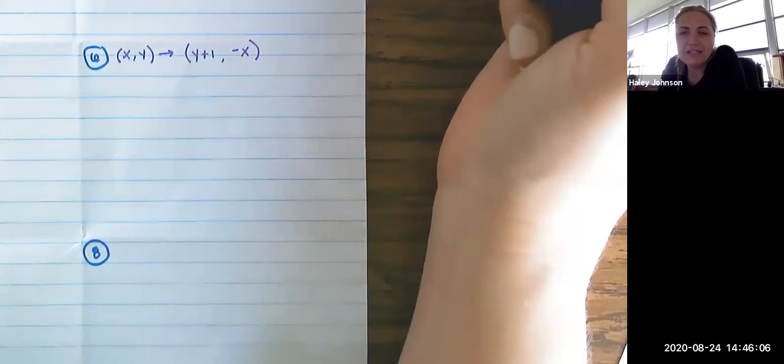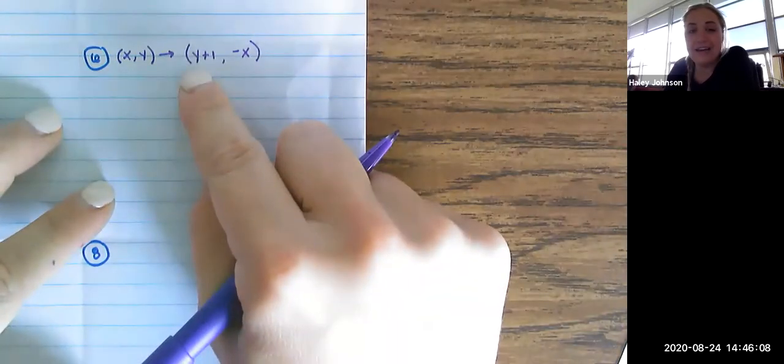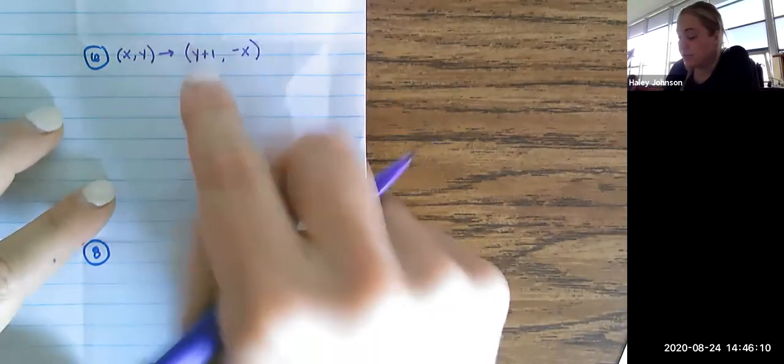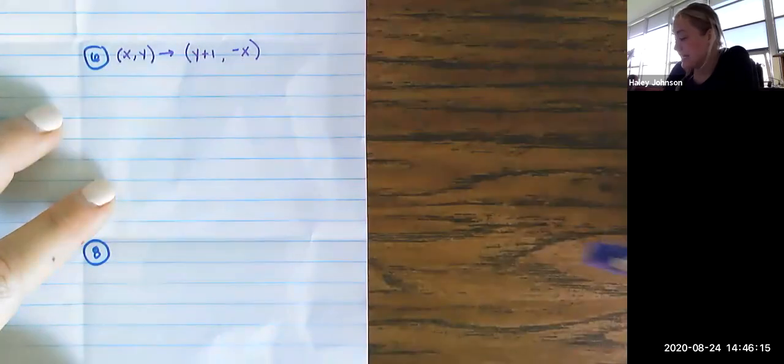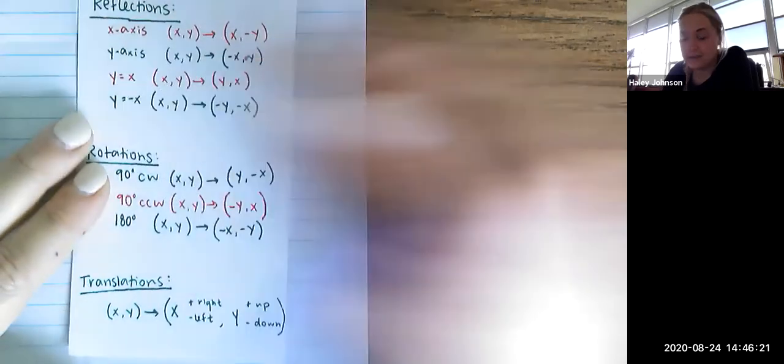All right, I'm going to start with the fact that it has a y and the x mixed around. So the y is positive and in front, the x is negative on the end. Let's go to our list and see which one has a positive y in front and a negative x on the end. Positive y in front.